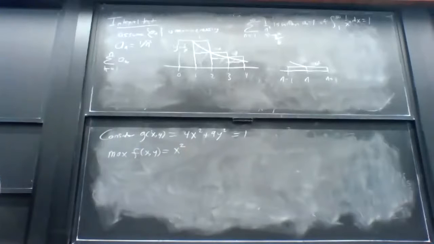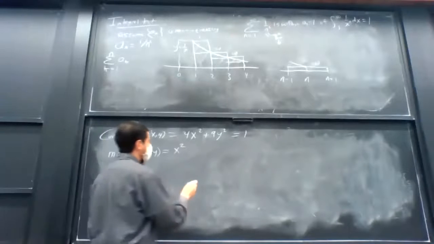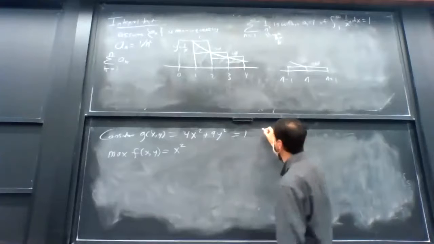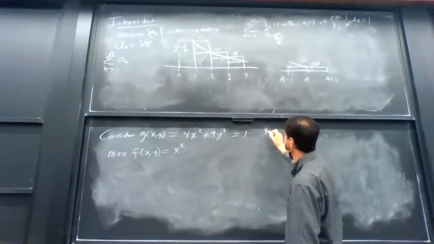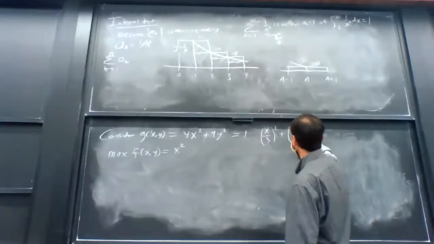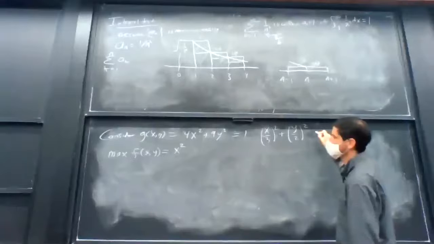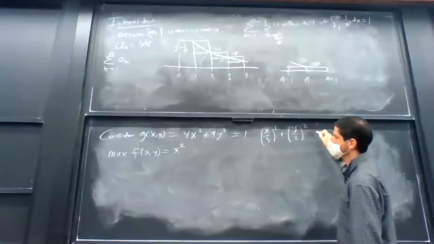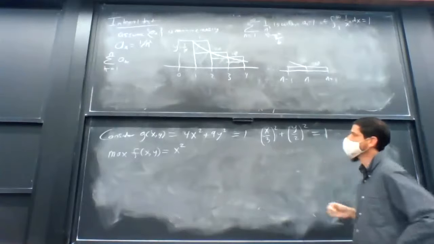What kind of curve is 4x squared plus 9y squared? It's an ellipse. Now I can write this as x over 3 squared plus y over 2 squared equals 1.